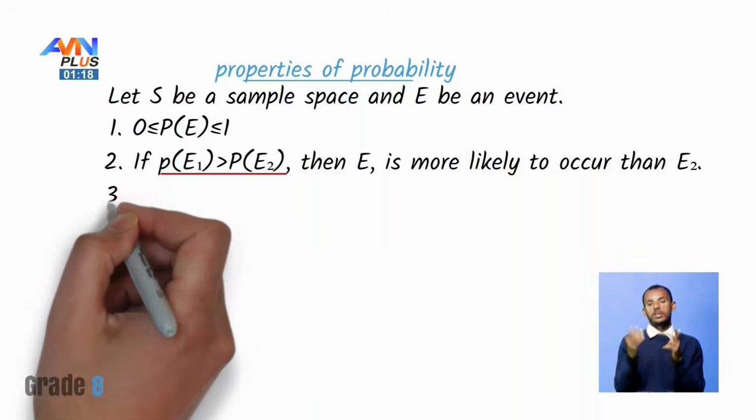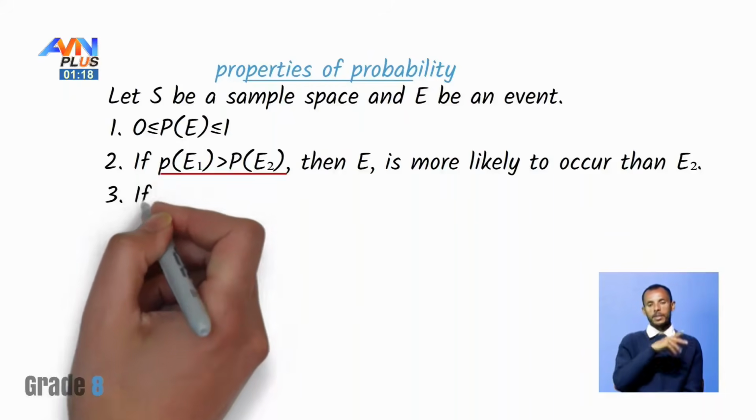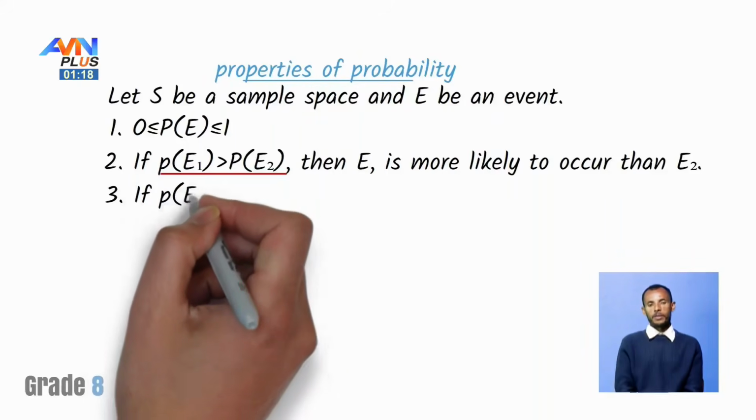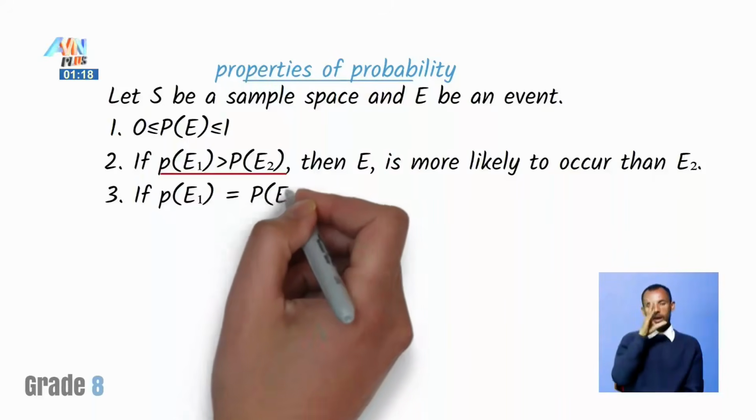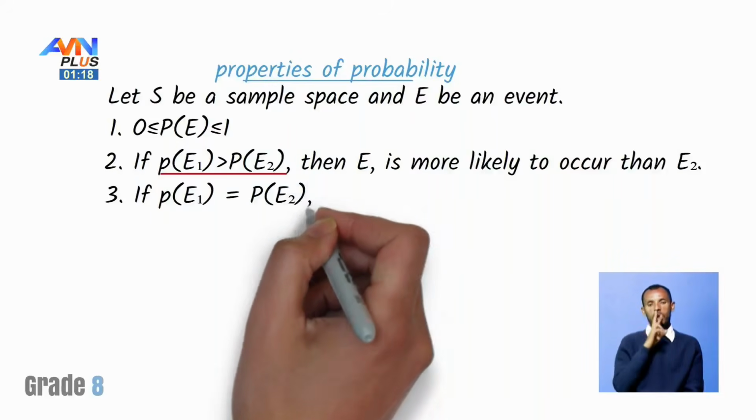The third one is if P of E1, or probability of E1, and probability of E2 are the same.